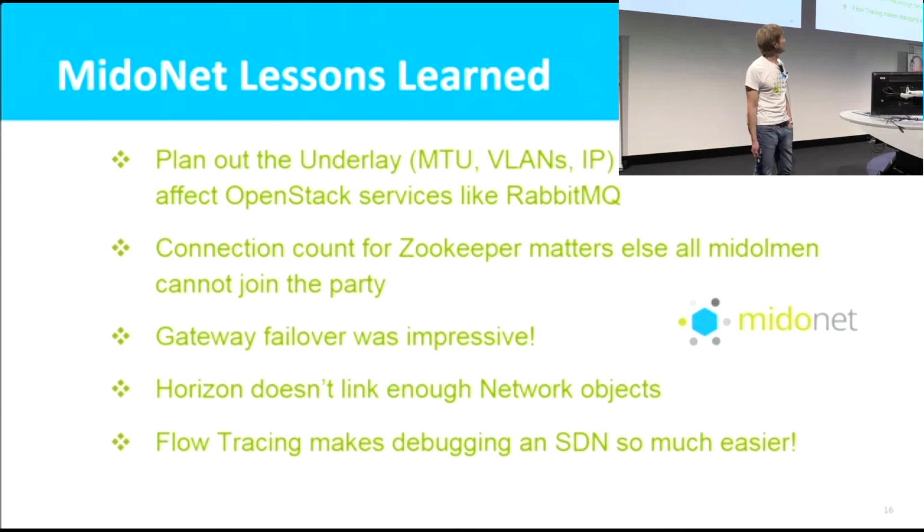Like the MTU size and IP address assignments: we misconfigured the size of the MTU, then needed to make it smaller because of the issue I just talked about. Then RabbitMQ started acting strangely, and RabbitMQ in particular was a nightmare for this POC.